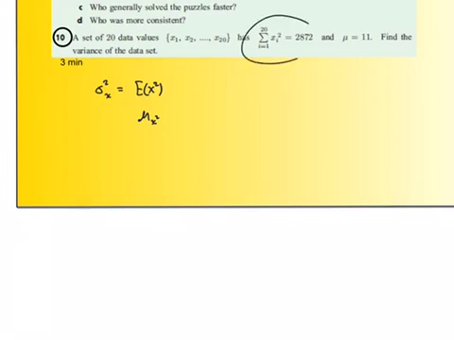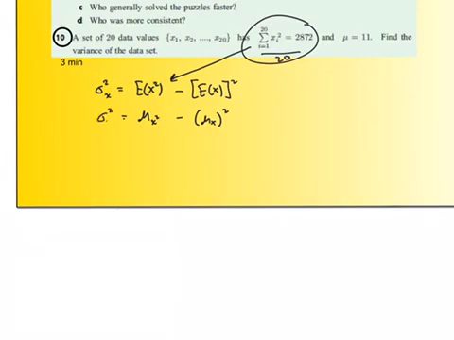Which is closely related to this. That's the sum of the x squareds. So to turn what's here into this, I just divide it by 20. Okay, and then I'm going to subtract the expected value of x, quantity squared, which in mu form is the mean squared.